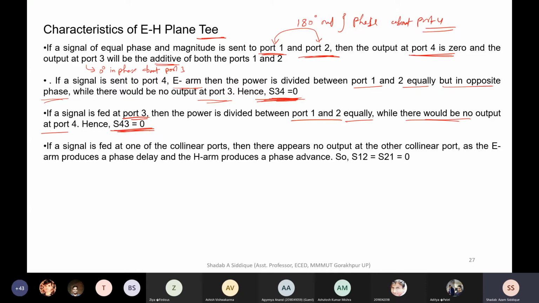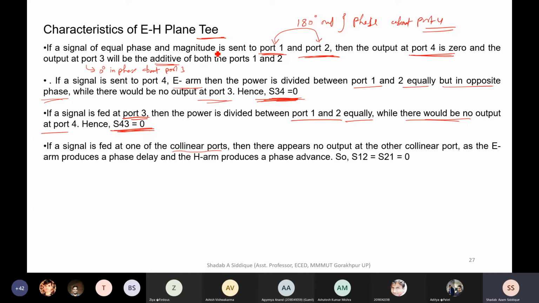Keep in mind, when we talk about the EH plane T, S34 should be equal to 0 and S43 will also be equal to 0. Now, if a signal is fed at one of the collinear ports, either at port 1 or port 2, only one of the ports, see, I am taking the condition.